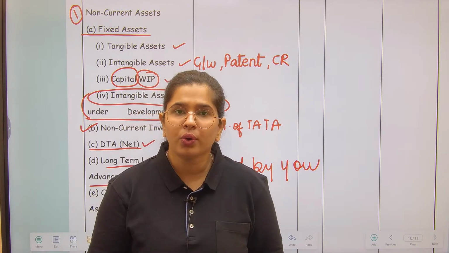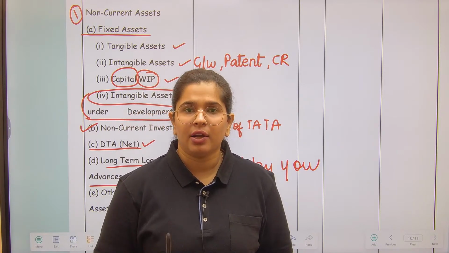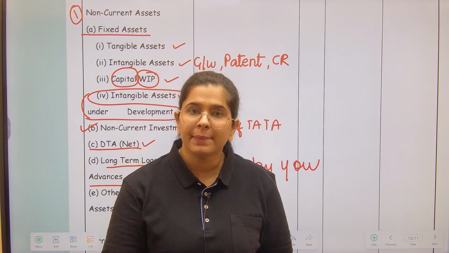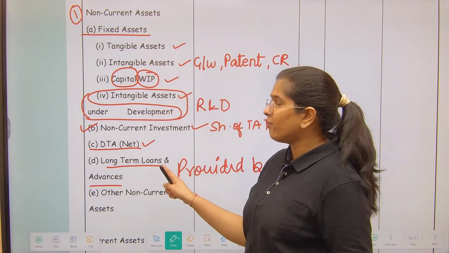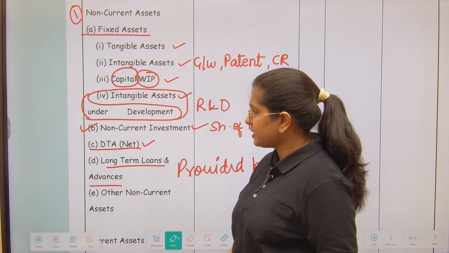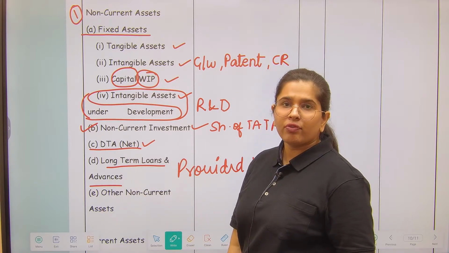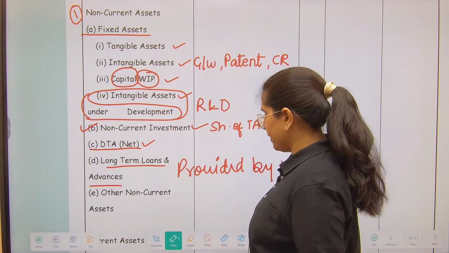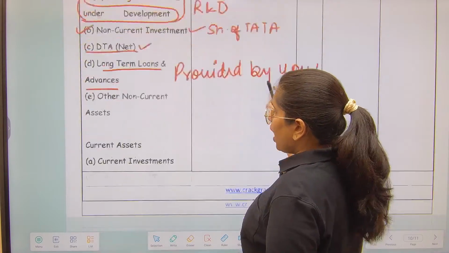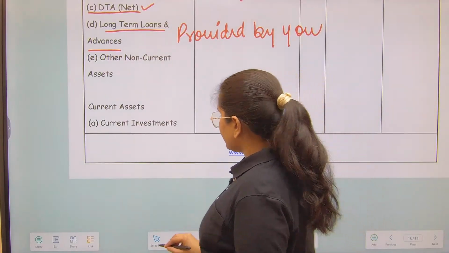I gave a loan to him. Now this is my asset. Loan has been provided by me and hence I will classify it into my assets in form of long-term loans and advances. And finally, any other kind of non-current assets that you might be having, you can write it over here. Moving to our second item, that is current assets.